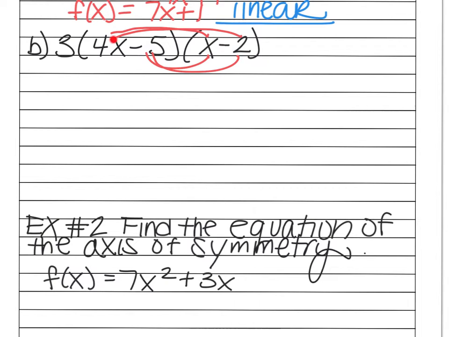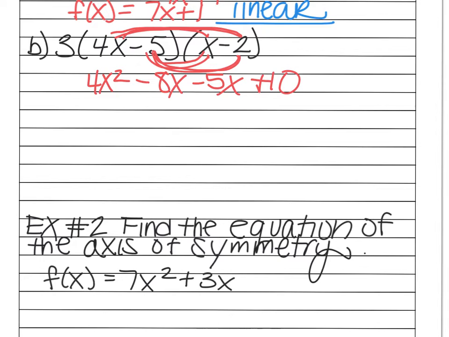You're going to multiply the first ones together, which is 4x times x. So 4x times x is 4x squared. And then you have 4x times negative 2, which is negative 8x. Then you have negative 5 times x is negative 5x. And negative 5 times negative 2 is positive 10.